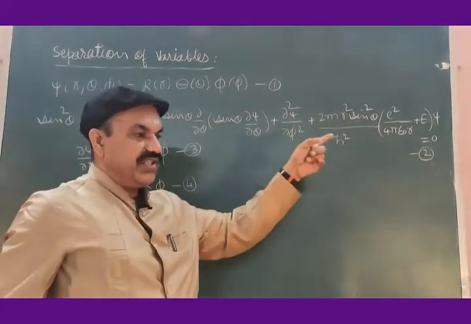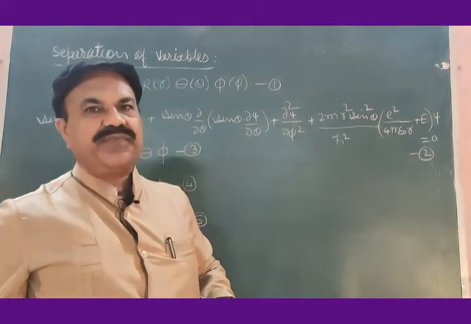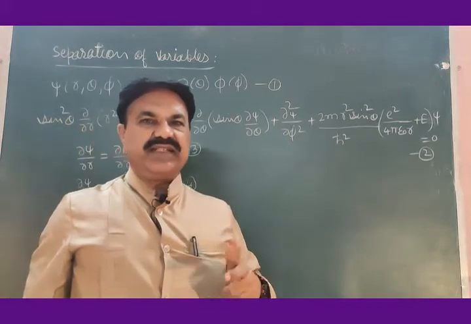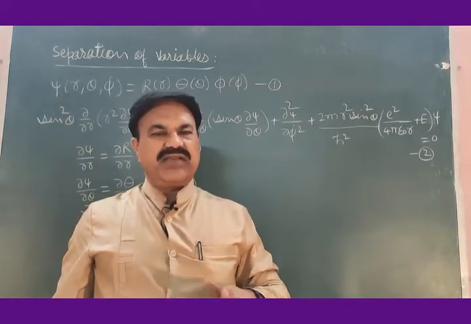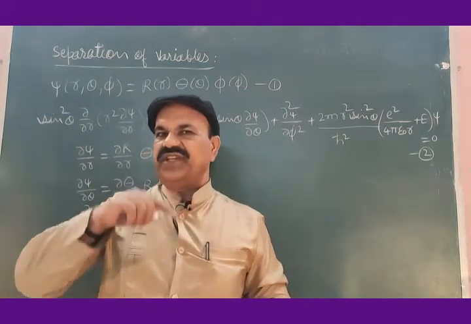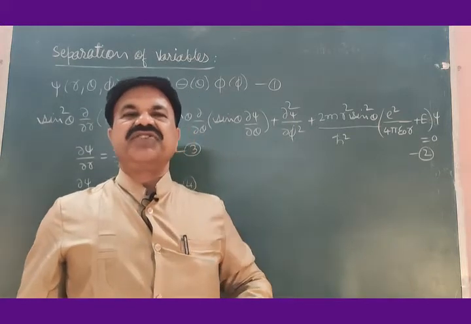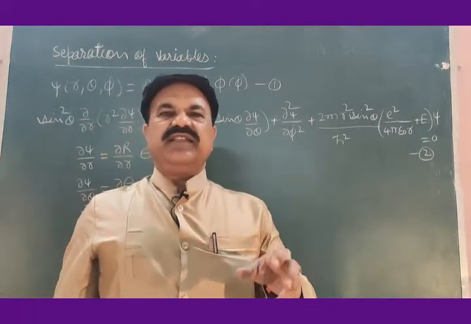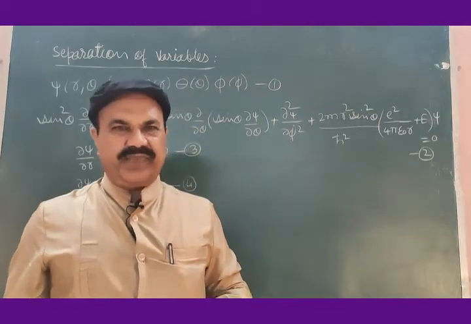This is the partial differential equation written for the hydrogen atom in spherical polar coordinate system. This equation is known as the Schrödinger equation for the hydrogen atom in spherical polar coordinate system.